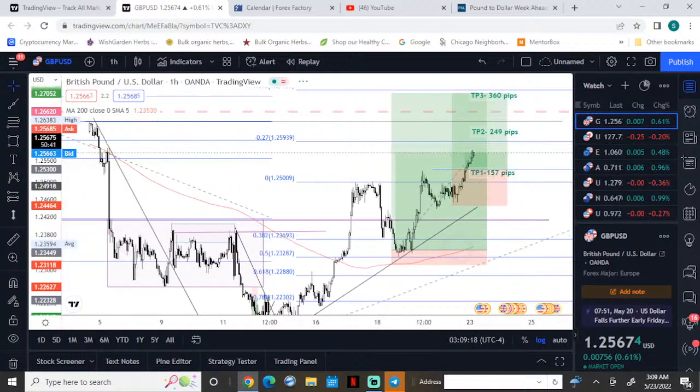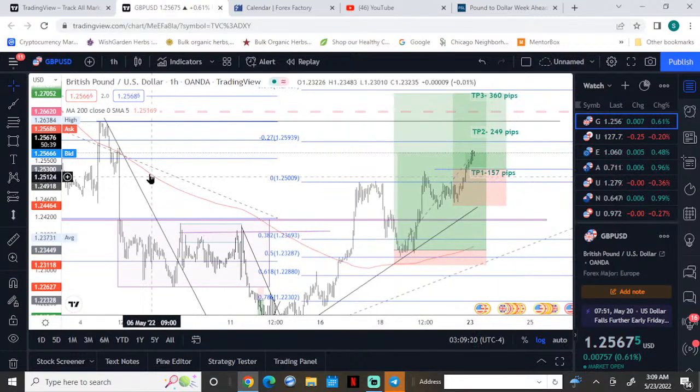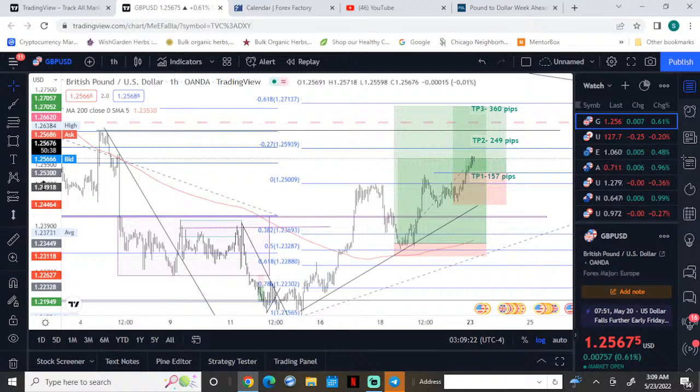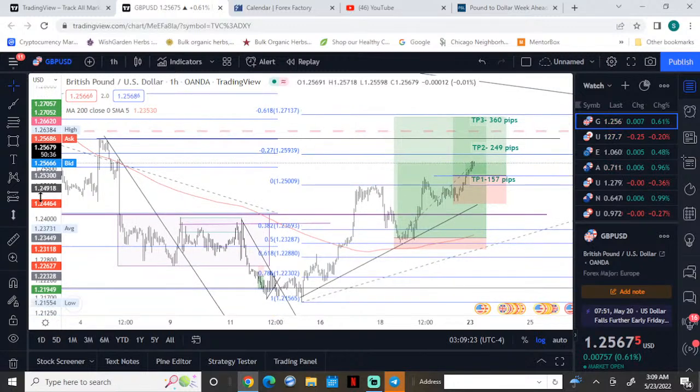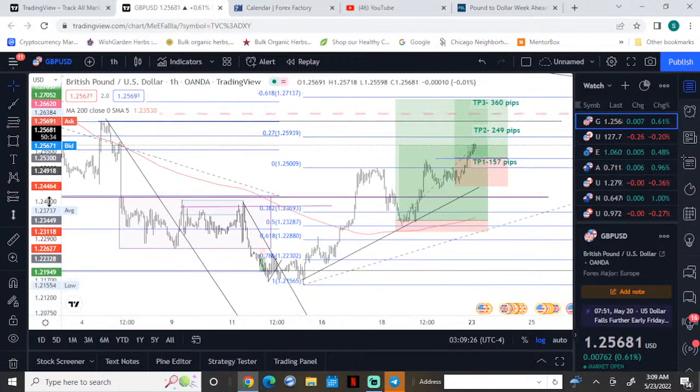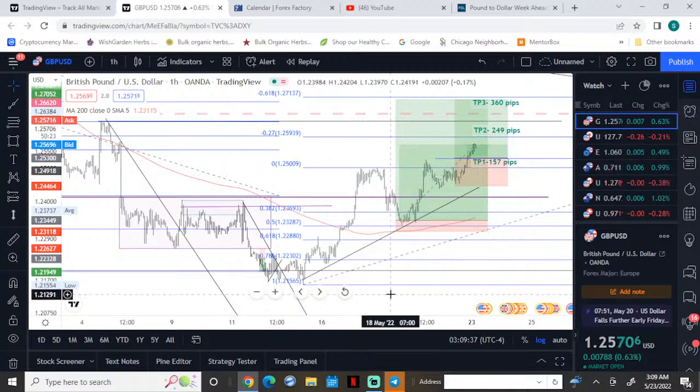I marked up my charts yesterday. Well, this one is marked up from last week. So yeah, this is what we have and how I got my TP.